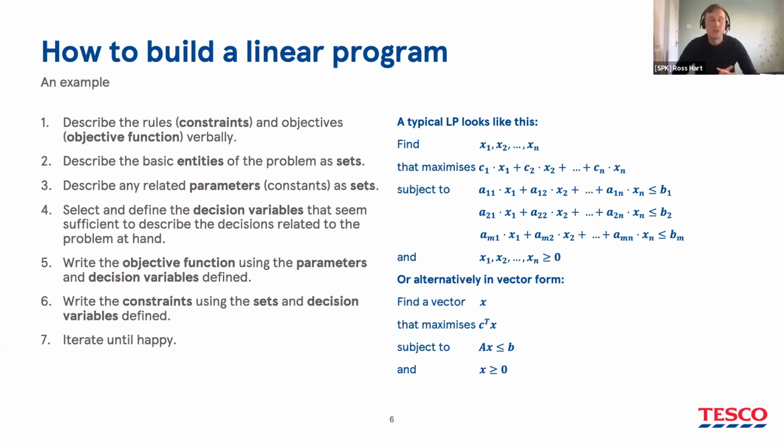So if you are in a business, for example, and you get given a problem that potentially might fit this linear programming style, then the first thing that I've always been told to do is to just write it down yourself.